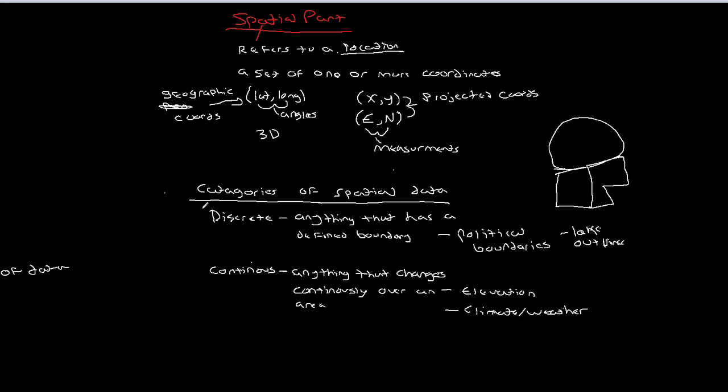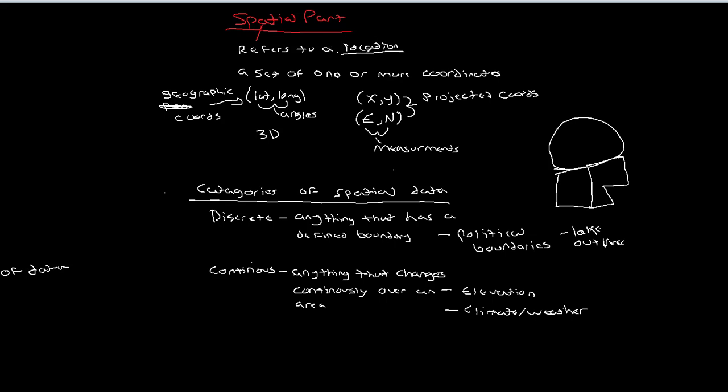And we used the examples of roads, water bodies, and any sort of political boundary where there was a clear part where you said this starts and this stops, and you could contain everything in a very clear way. So how do we go about actually delineating discrete spatial data using this concept of location?